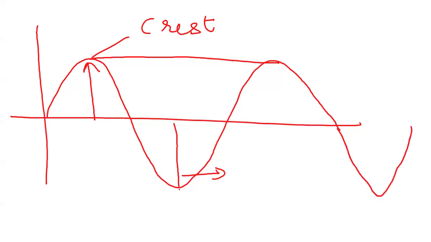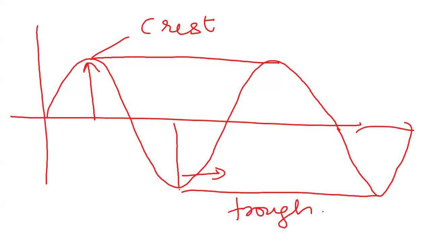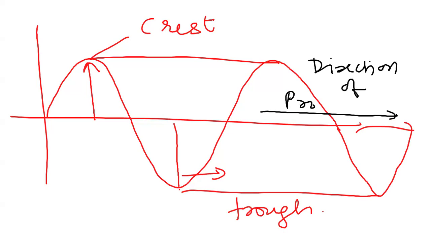And this is the direction of propagation. Okay. So this is lambda. So the distance between two crests, the distance between two troughs, it is the wavelength.